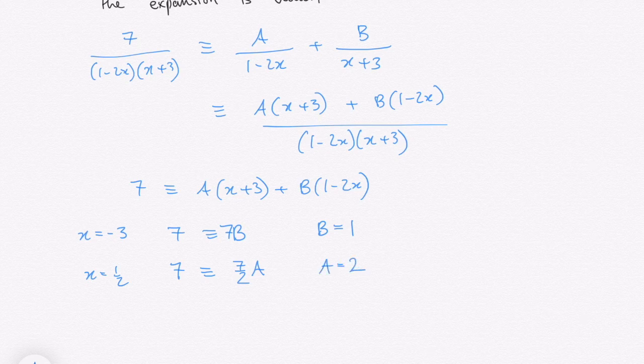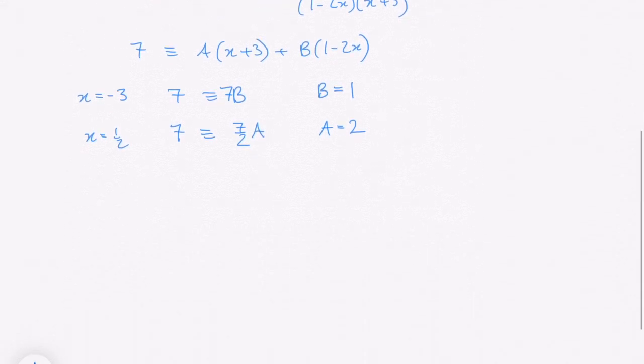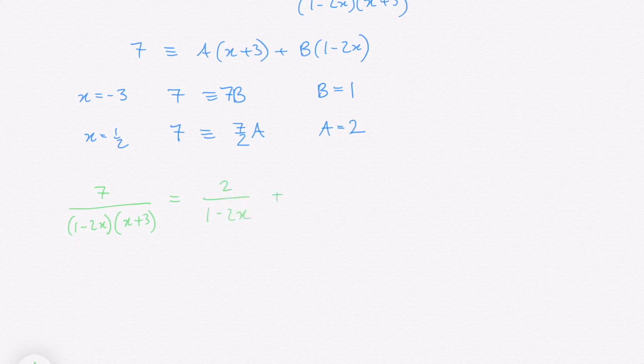So in partial fractions, we have that 7 over 1 minus 2x, x plus 3 is equal to 2 over 1 minus 2x plus 1 over x plus 3, which is equal to 2 lots of 1 minus 2x to the power of negative 1 plus x plus 3 to the power of negative 1.